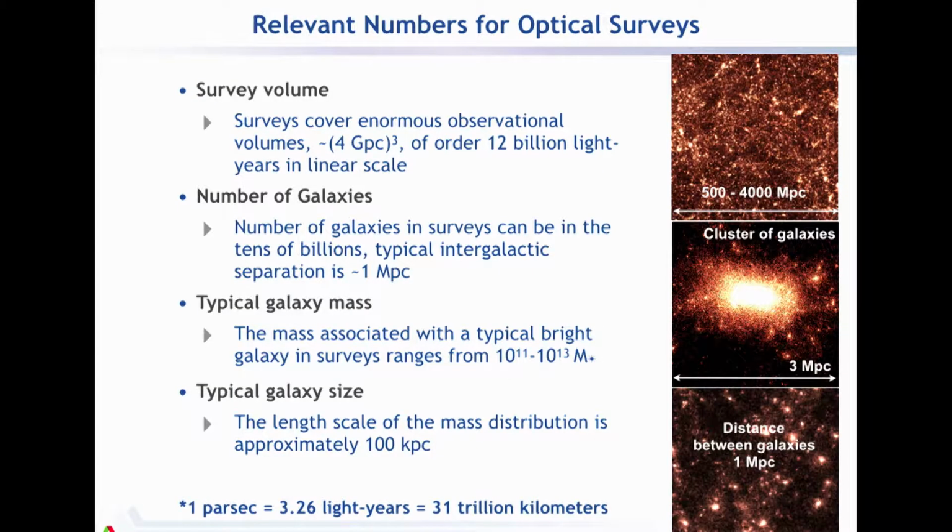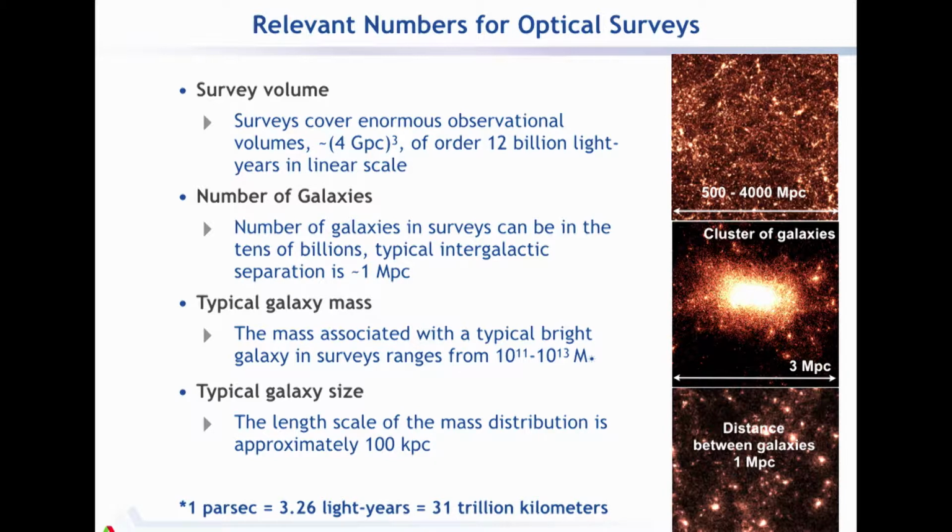And then you also want to look at the typical mass of a galaxy. The galaxy has the mass that is in the light, in the stars. But it also has something that I will talk a little bit about in the next slide, the dark matter halo around it. So there's this big mass around a galaxy, and we can actually measure that mass, and that is roughly 10 to the 11 to 10 to the 13 solar masses.